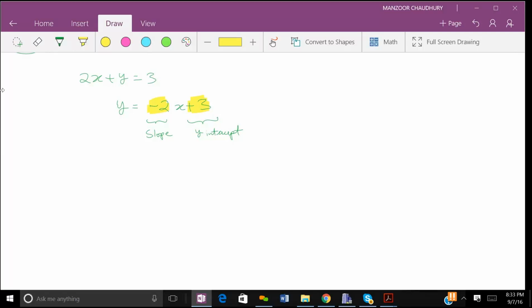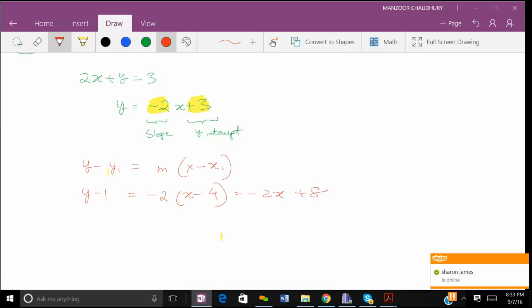Okay, so what you have here is, if you take the equation, it's going to be y minus y1 equals m times x minus x1. So it's y minus 1 equals -2 times x minus 4, which is -2x plus 8. Add 1. So y is equal to -2x plus 9.